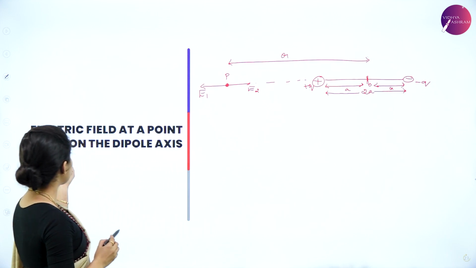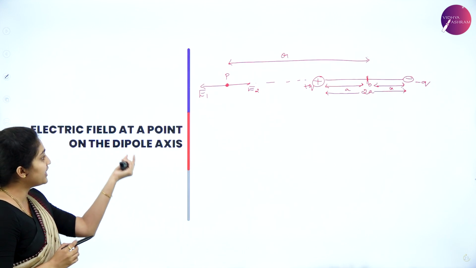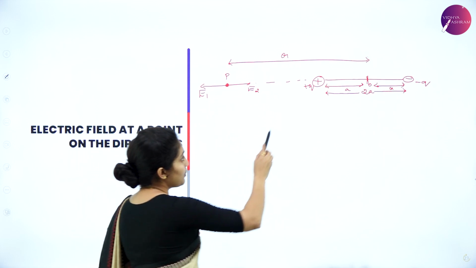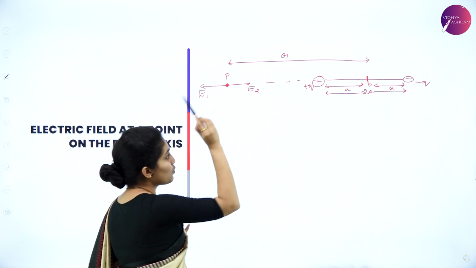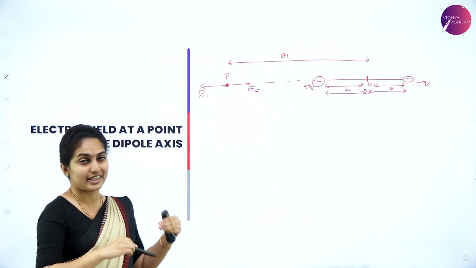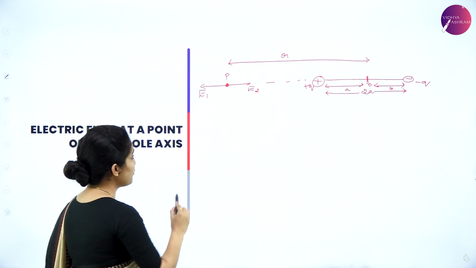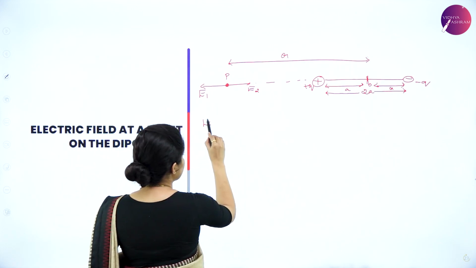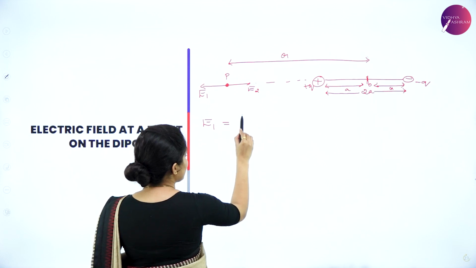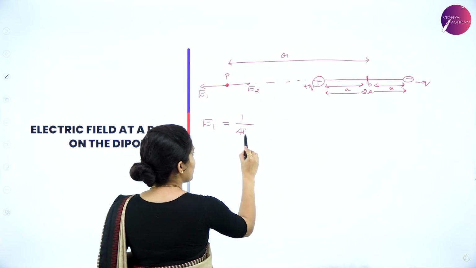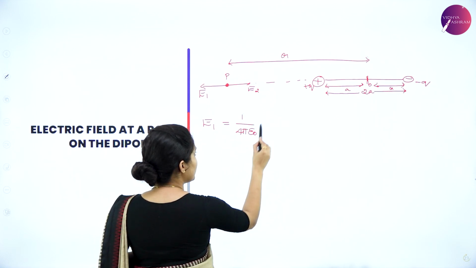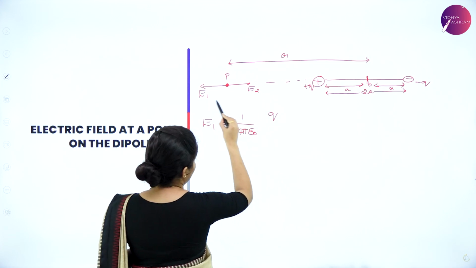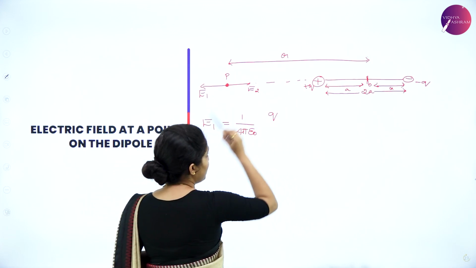Electric field at a point on the dipole axis: what exactly is the influence of the electric field at P? E1 is given as 1 by 4 pi epsilon naught times q, and E1 is due to the charge plus q.